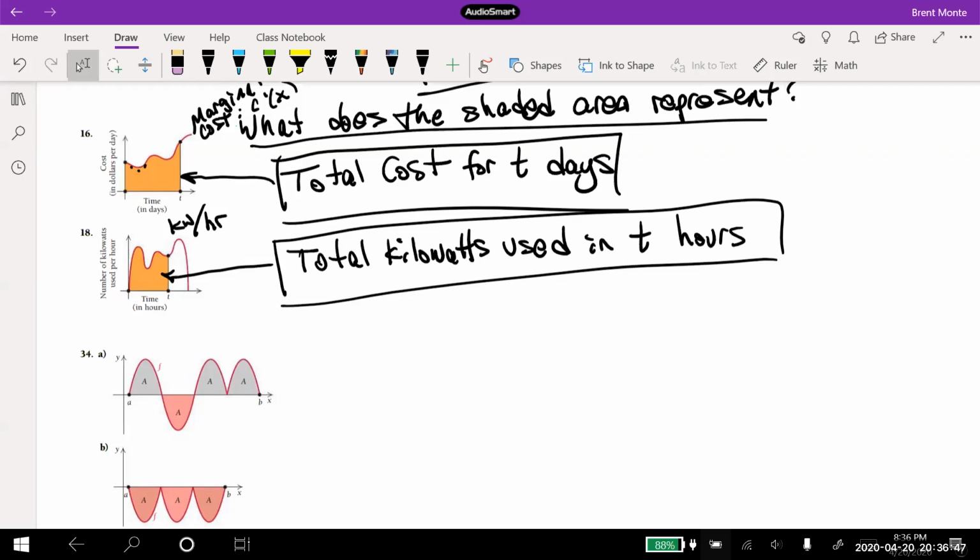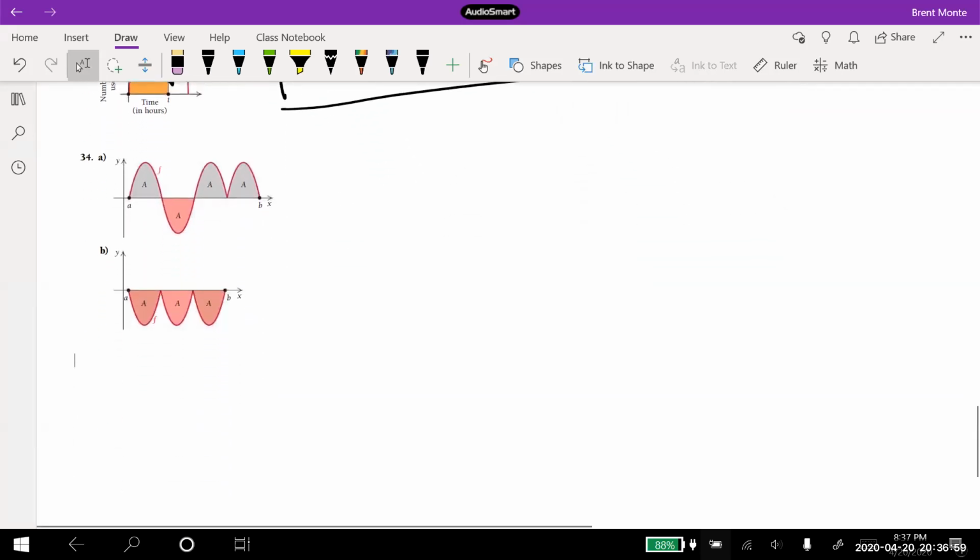And the kilowatt one was problem 17, not 18. But in the new edition of the book, apparently they squeezed a problem in before those. So notice my numbering might be off from what you have in your book, depending on the book you're using. This is all from the newer book. And so that's what we have.